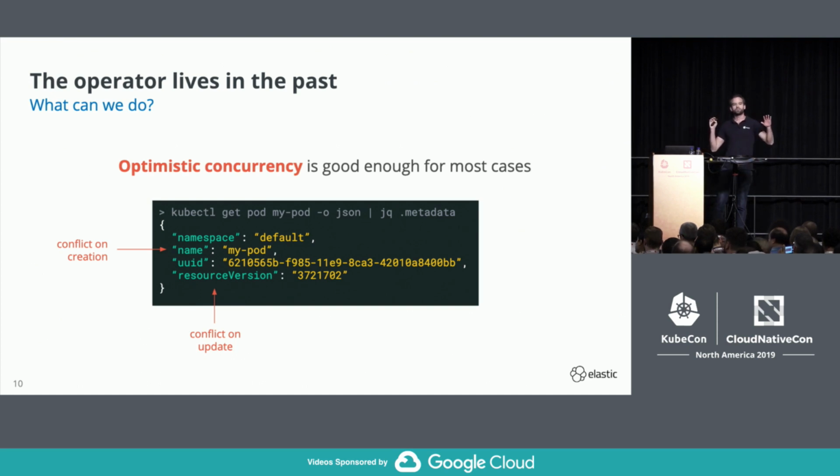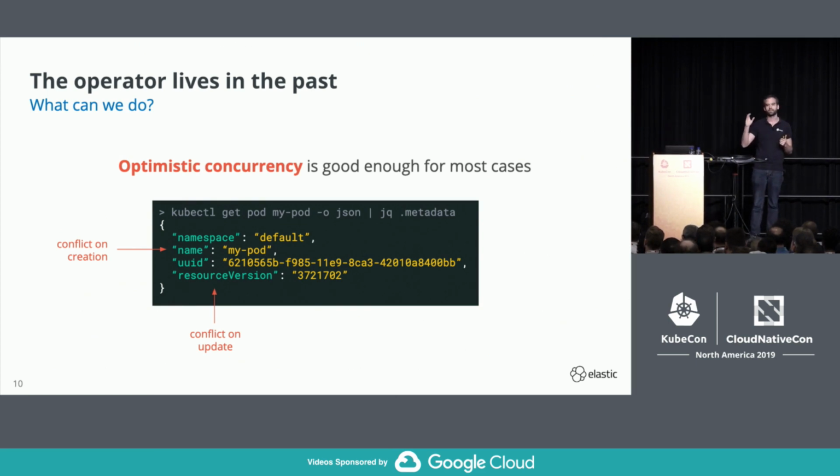Say, I'm creating 1 pod at 1 reconciliation, and at the next reconciliation, I'm trying to create the exact same pod because I don't see it in the cache. The API server is surely going to reject that creation because another resource with the same name already exists. So in the reconciliation, I would get a conflict error, and that's just fine.